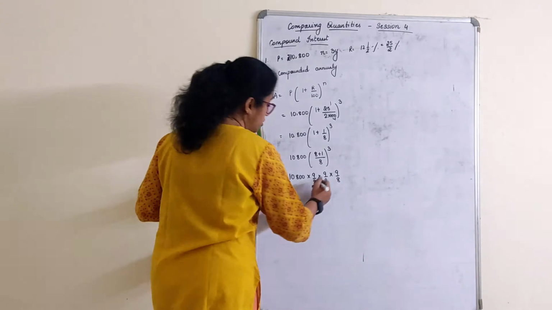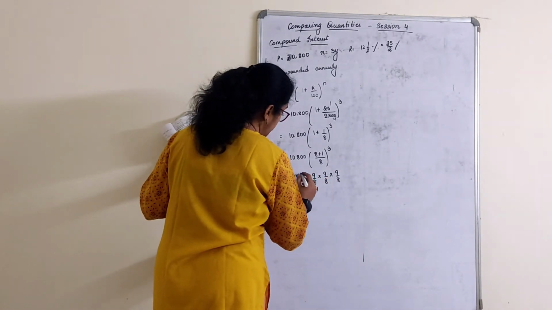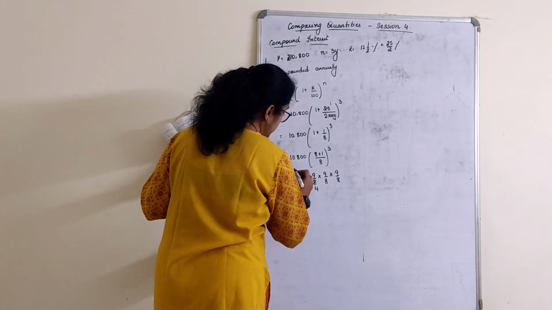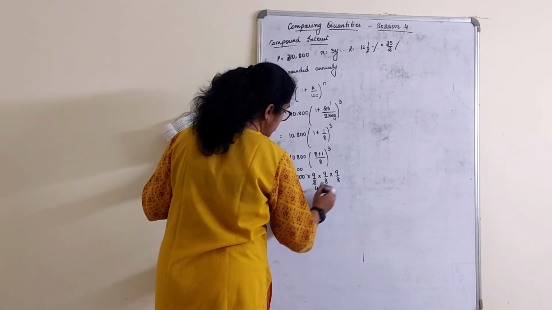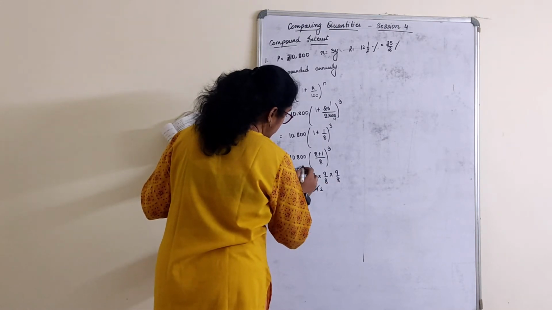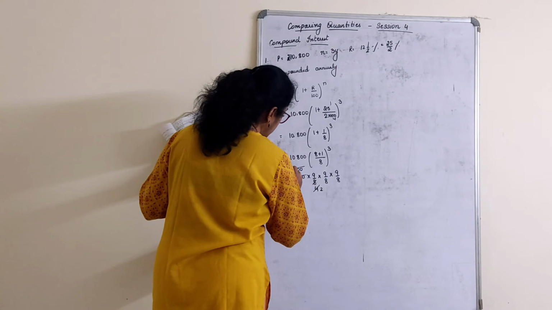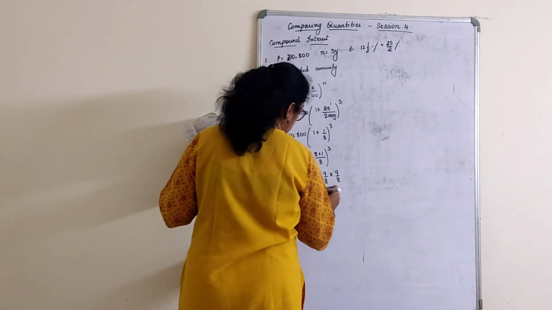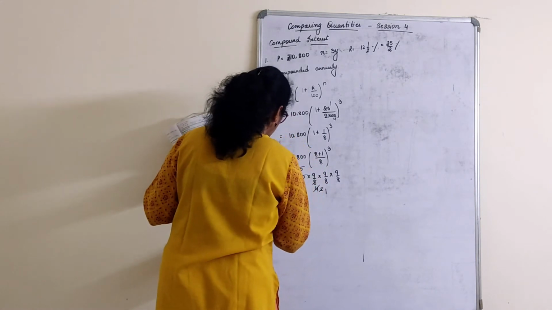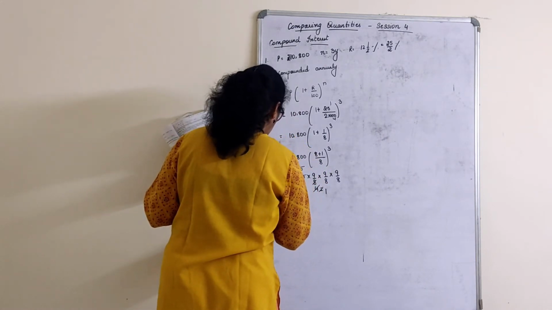Do the calculations here. First, initially you can say 2 fours are 8, 2 fives are 10, 0 0. 2 2s are 4, 2 2s are 4, 2 7s are 14. 2 1s are 2, 2 3s are 6, 2 5s are 10.